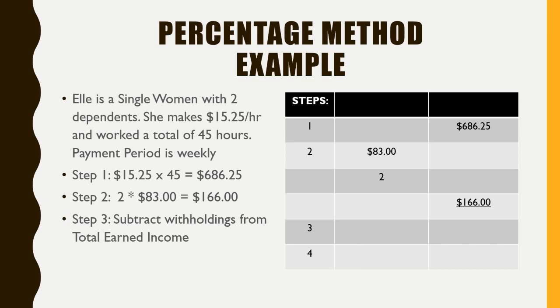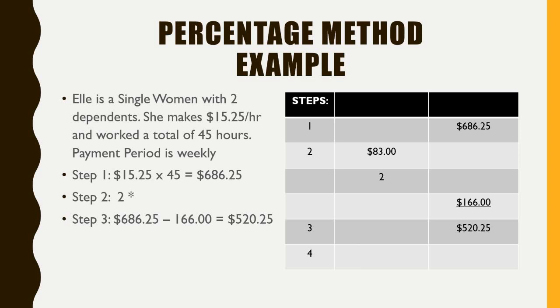So $686.25, subtract out that 166, we get a grand total of $520.25. This is the total amount of taxable income that we can tax.